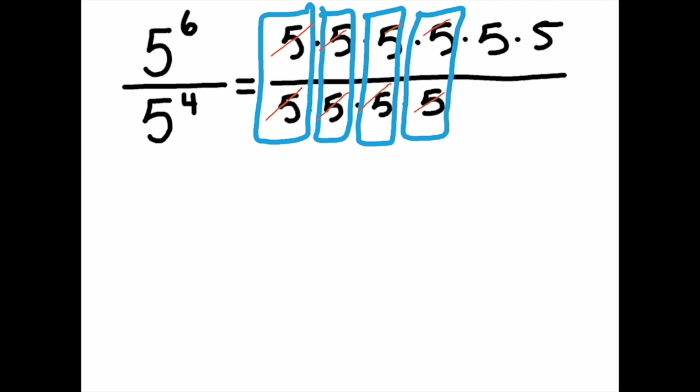And I've canceled out all the 5s on the bottom, so what am I really left with on the bottom? I'm left with 1. And at the end, I have 2 5s left up top. I've got a 1 here on the bottom, so I'm really just left with 5 squared. Now let's look at how many of these 5s we canceled out. If you notice, we canceled out 1, 2, 3, 4 5s on the bottom.